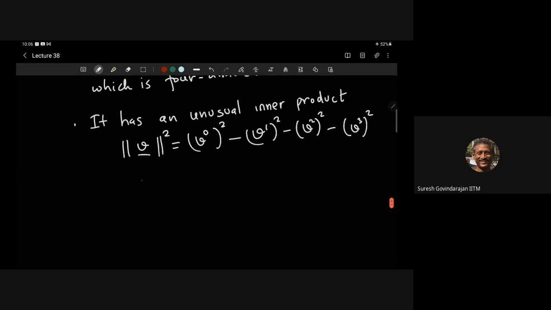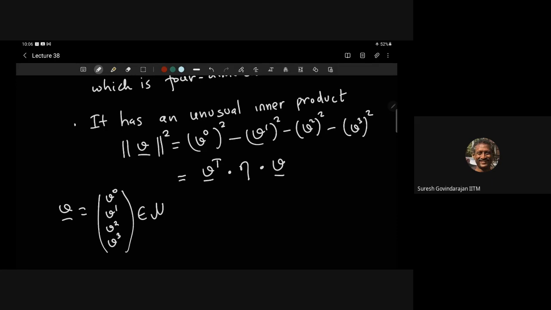We can also write this as follows. We can write this as V bar transpose dot something which I'll explain, which is a 4 by 4 thing, which we call the Minkowski metric, times V bar, where V bar for me is V0, V1, V2, V3. Okay, and eta is called the Minkowski metric.